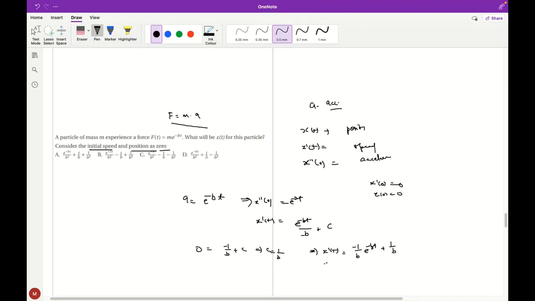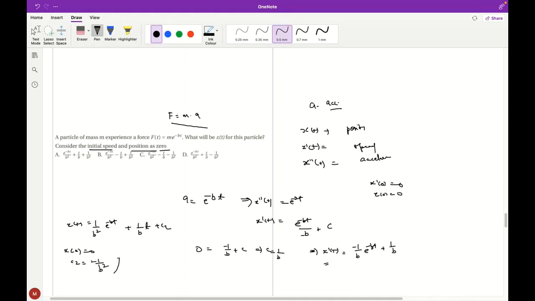Now again integrate this equation, we will get x(t) equals 1 over b square e to the power minus bt plus 1 over b t plus c2. Again apply x 0 equals 0, we will get c2 equals minus 1 over b square.